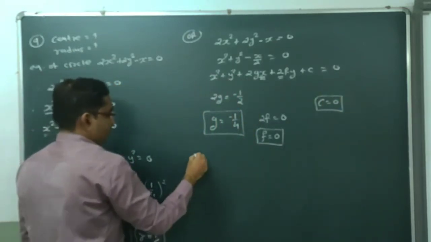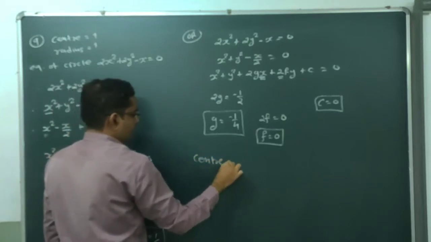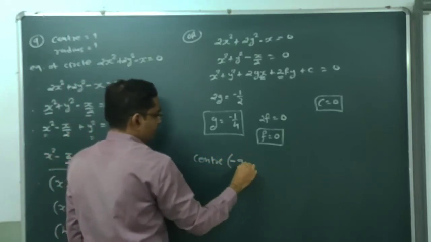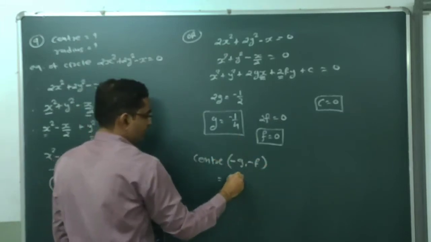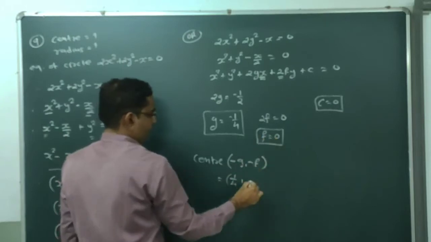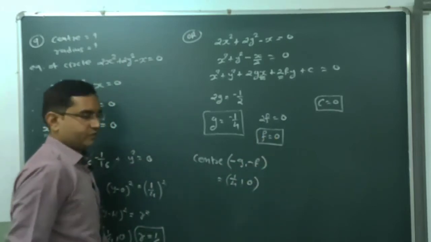So now center is minus g comma minus f, minus g is 1/4 and minus f is minus 0, which is 0.